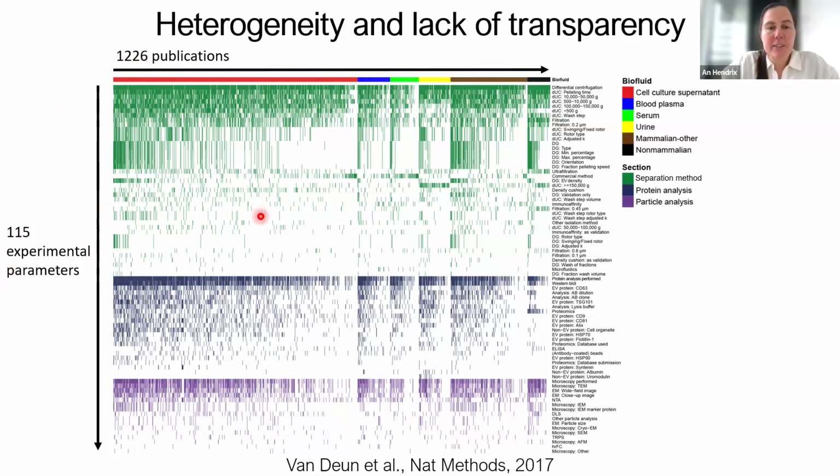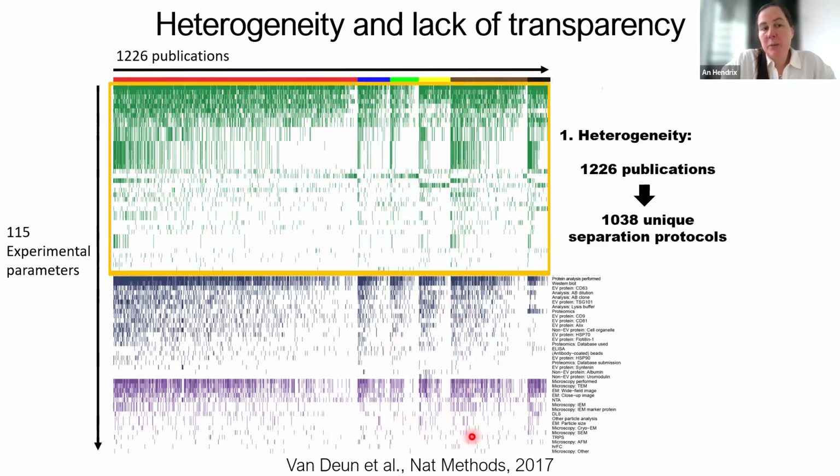These experimental parameters questioned the preparation method that was used and also the characterization that was performed on the obtained preparations, both at the protein level and the particle level. And what we actually observed is that those more than 1,200 publications report more than 1,000 unique protocols to obtain extracellular vesicles from different types of biofluids.